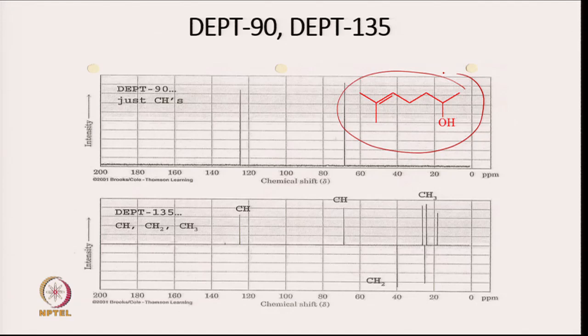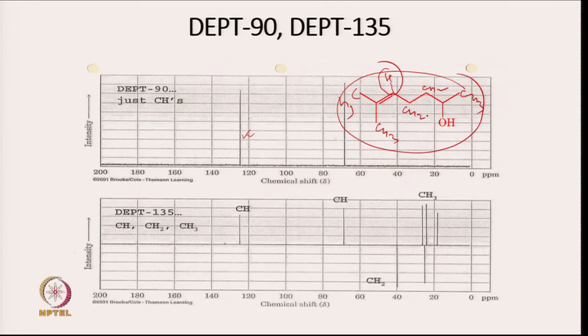And now you can see that if we look at the CH, I have only one CH group. So, I will get only one peak in DEPT 90. But if I go to DEPT 135, then you look here, this is CH3, this is CH3 and this is CH3, and this is CH2 and this is CH2.